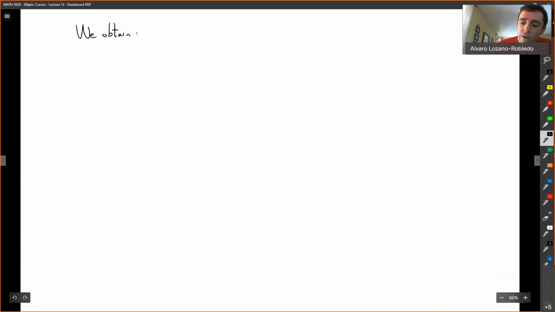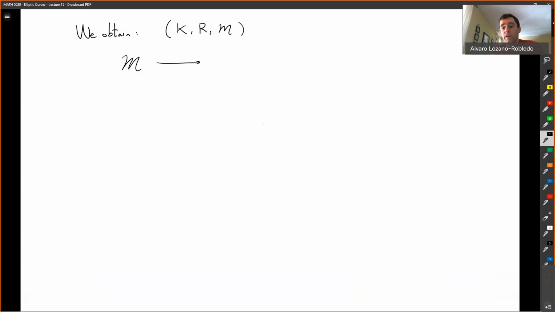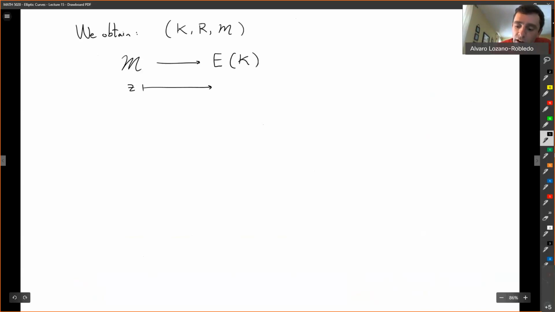Remember, we have K, ring of integers R, and maximal ideal M. What I have is a map from the maximal ideal of my local field to points over K, where for Z, I get a point (Z, W), right?